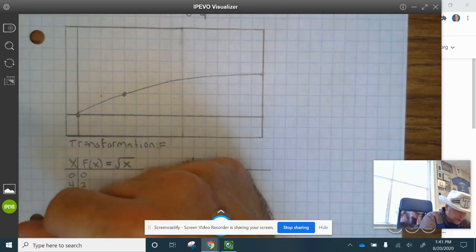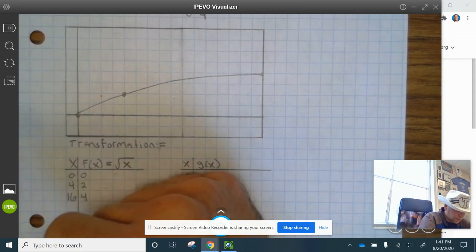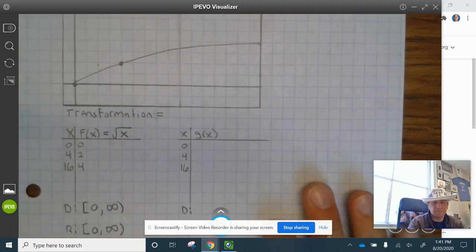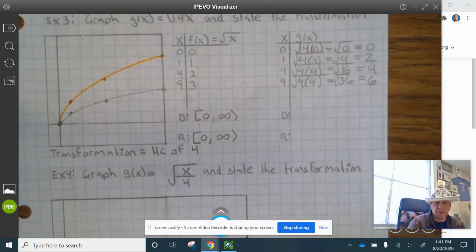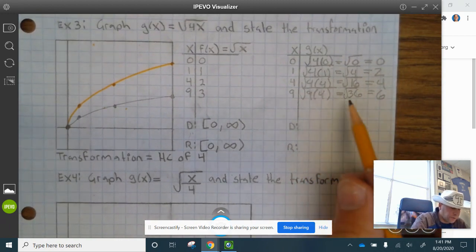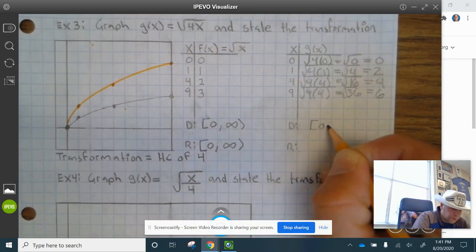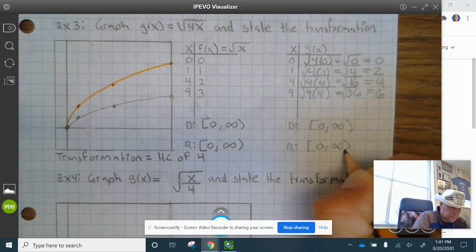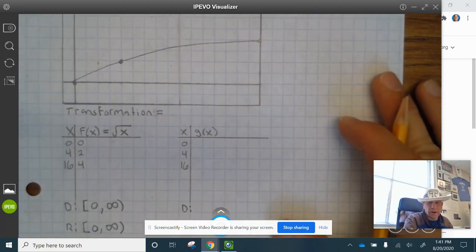Domain is still bracket 0 to infinity, and range bracket 0 to infinity. And actually, I apologize, I guess I'm getting older and constantly forgetting domain and range, but let's look at domain and range here. Still bracket 0 to infinity, and still bracket 0 to infinity. Okay, sorry about that.